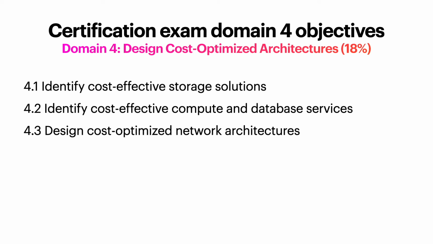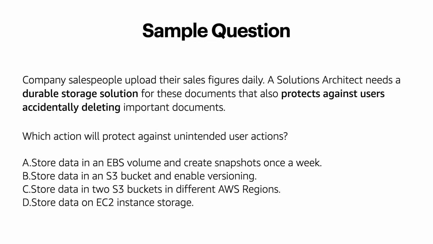Let us take a sample question. Company salespeople upload their sales figures daily. A solutions architect needs a durable storage solution for these documents that also protects against users accidentally deleting an important document. Which action will protect against unintended user action?